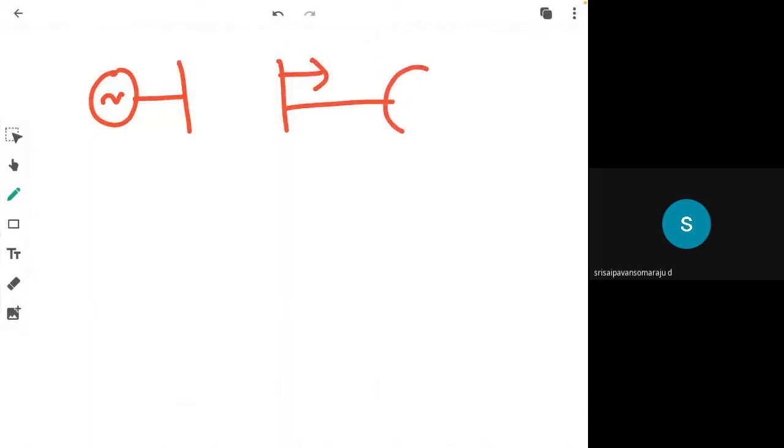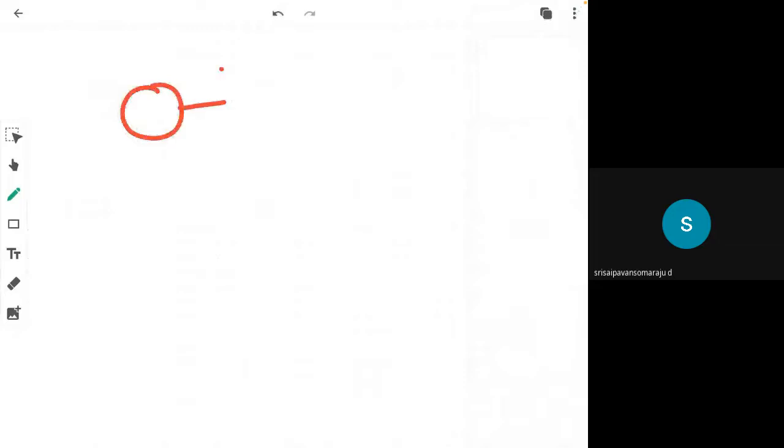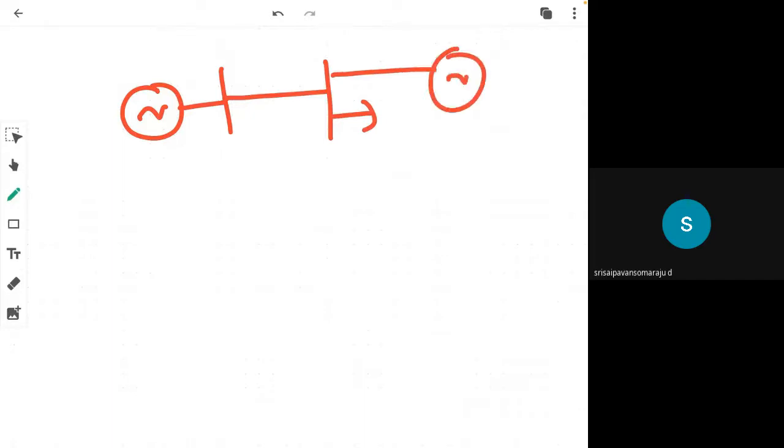If you consider a huge system, many of the generators and loads are connected together.